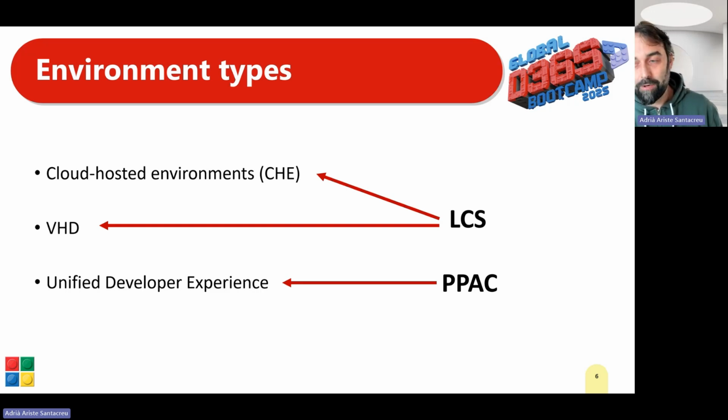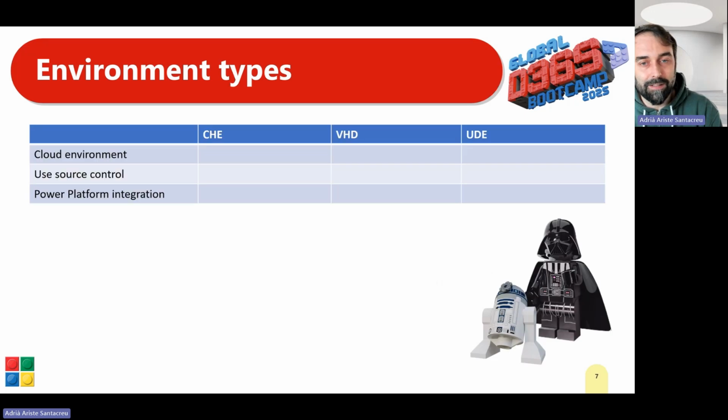And Power Platform Admin Center will be replacing LCS as the management place for environments. So for today, I will be using a unified developer experience, and I will show a bit of PPAC if I have enough time. So we have a comparison of LCS and PPAC, also about cloud environment types.